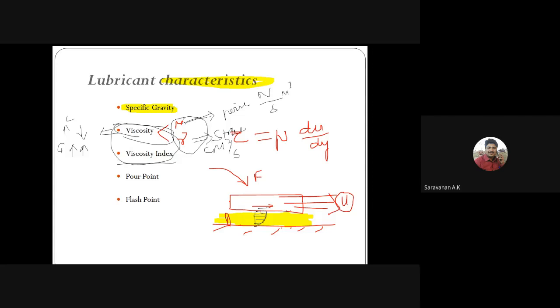It is the temperature at which the lubricant gives off sufficient vapor which can be ignited, so that we have to see. The flash point is an important one. It reflects the capability of the lubricant to work at higher temperature without any fire hazard.